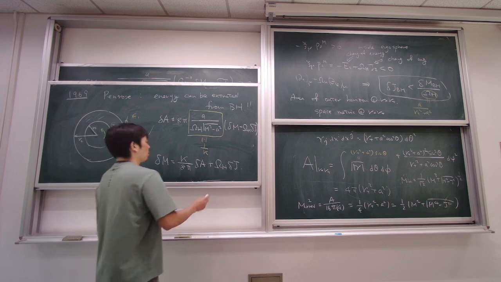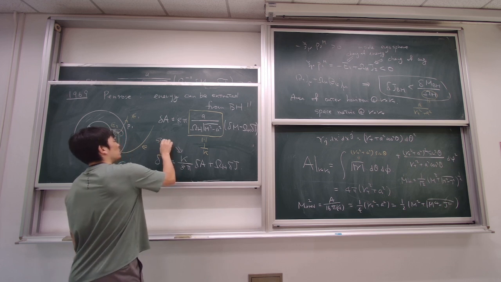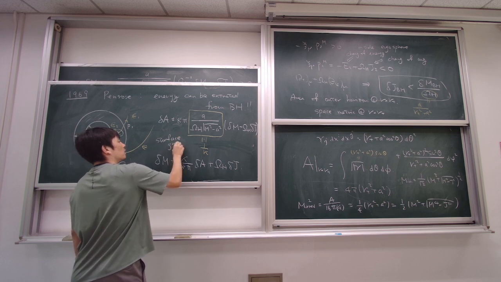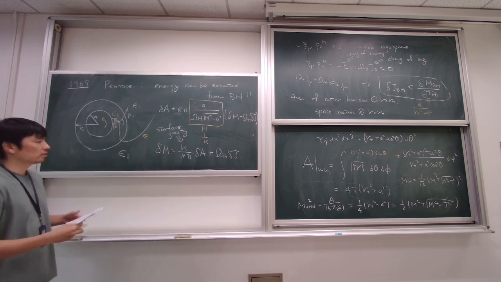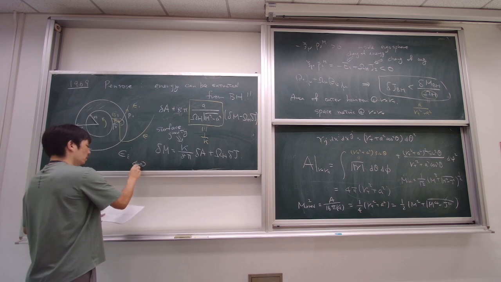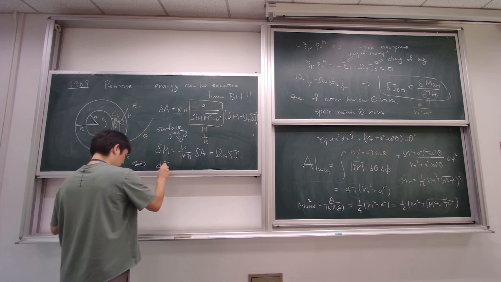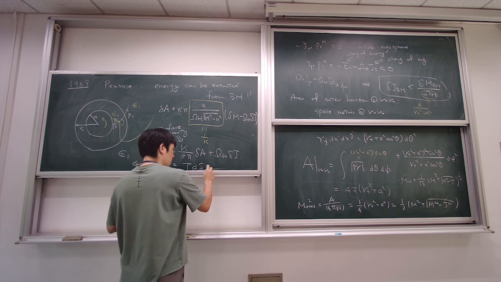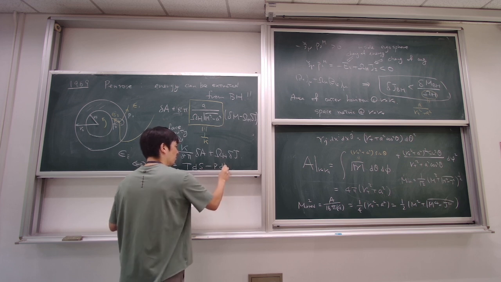And people call this kappa the surface gravity. And this really resembles dE equals T dS minus P dV.